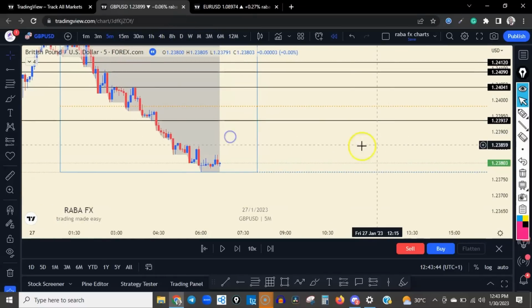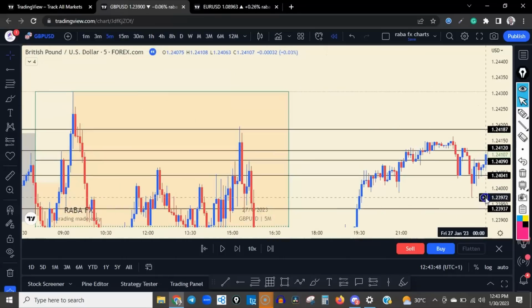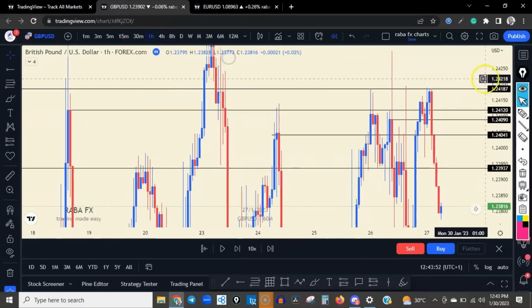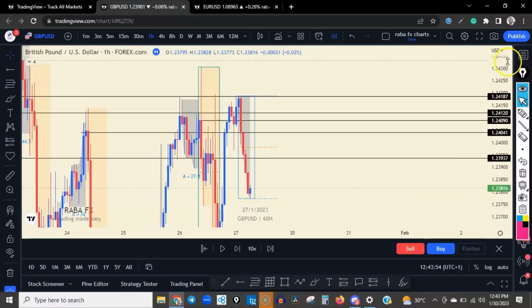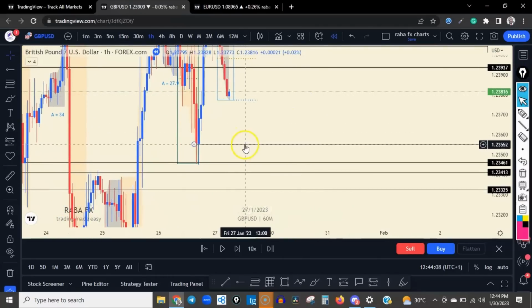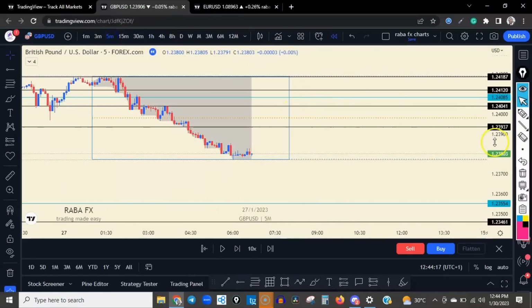and then we watch. And right now we have a lot of price, but we are looking for the 1 hour. The recent 1 hour, I like using different colors. Okay, so let's give it a different color. The low, different color. So let's go to the 5 minutes to look for our entry.